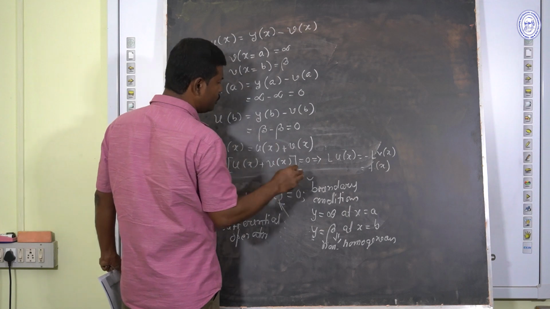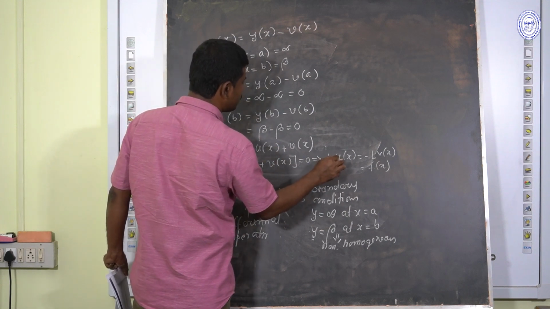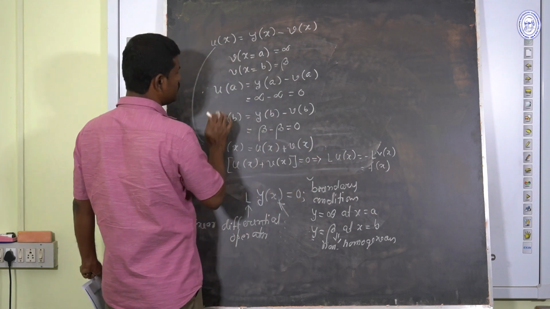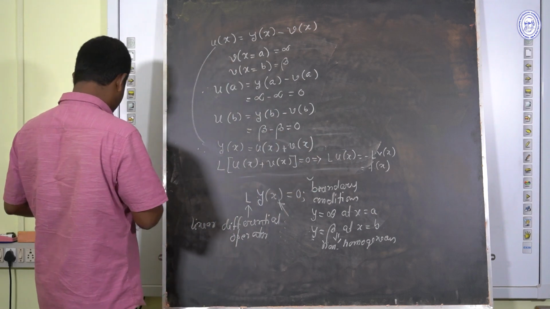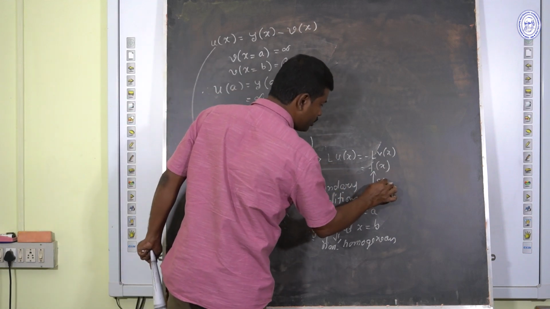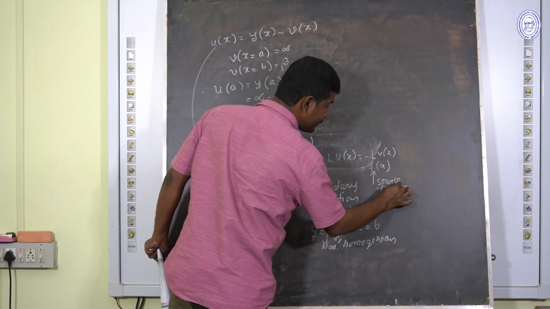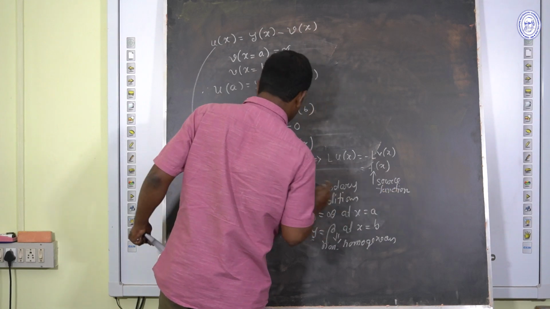Green's function is used to solve this type of non-homogeneous differential equation with homogeneous boundary condition. This function f of x is called the source function or source term.